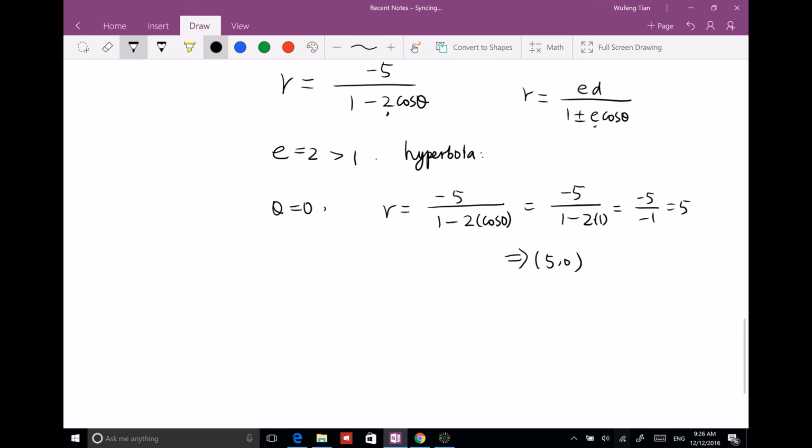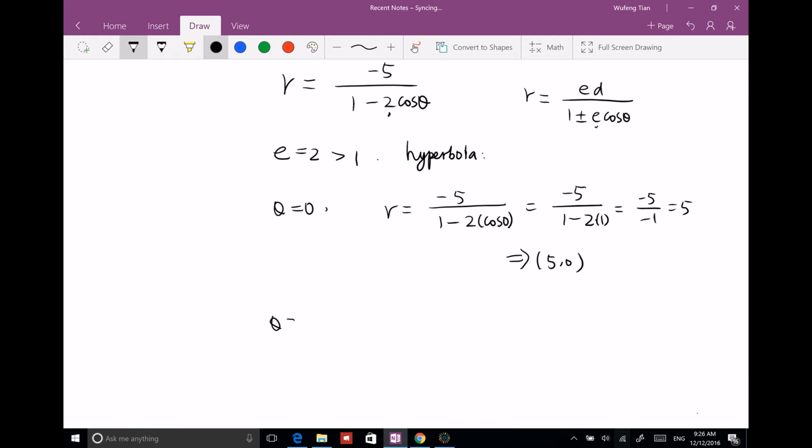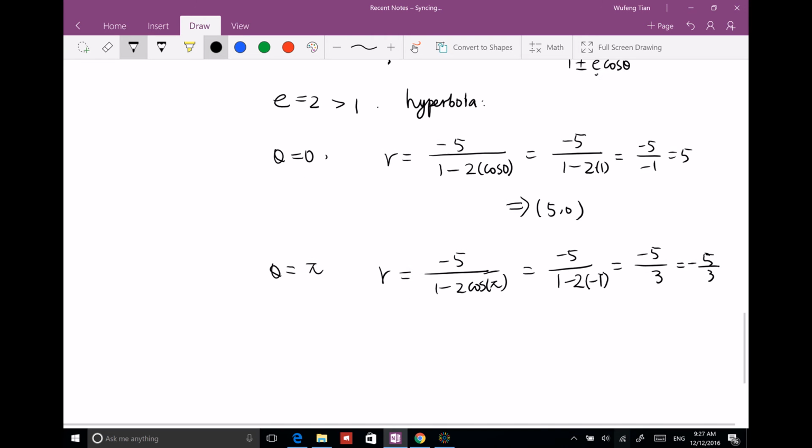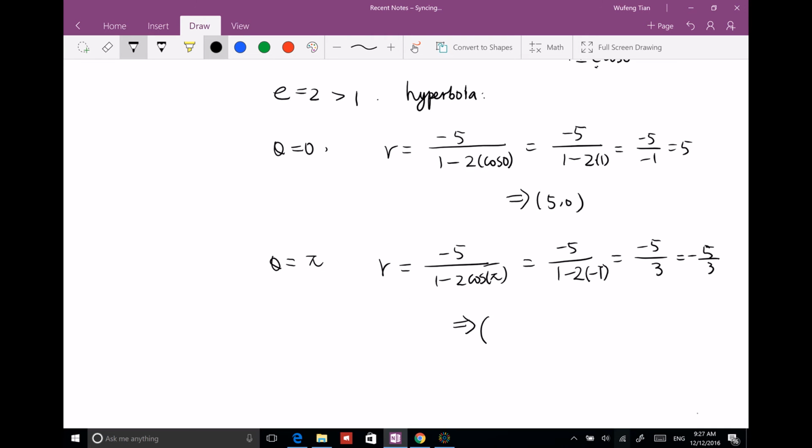The next one, theta equals pi. r equals -5 over 1 minus 2 cosine pi, which is -5 over 1 minus 2 times -1, which is -5 over 1 plus 2, which is -5 over 3. Then your point is -5 over 3, pi.